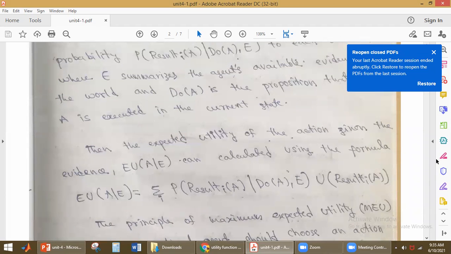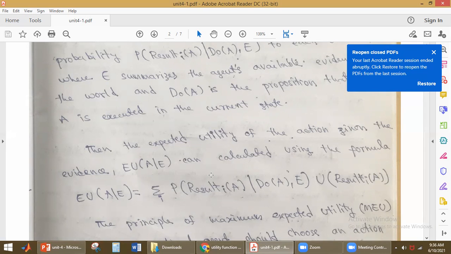Then the expected utility of action given the evidence. How do we find the expected utility? The expected utility will be found by just combining the utility with the probability. So we have to combine the utility of each and every outcome with its outcome probability.